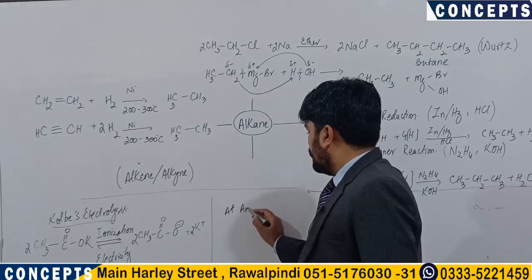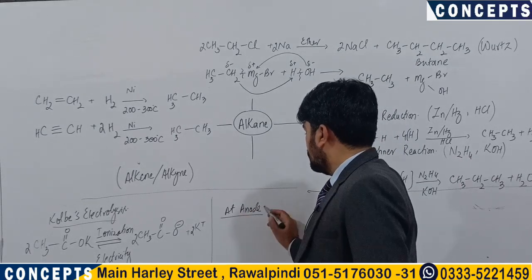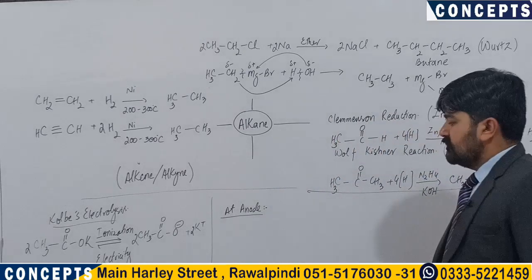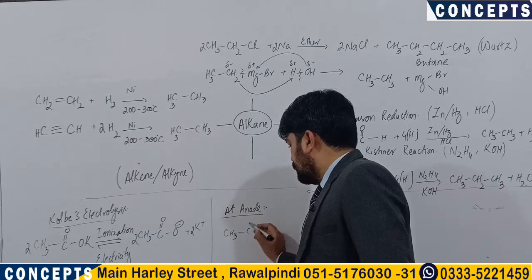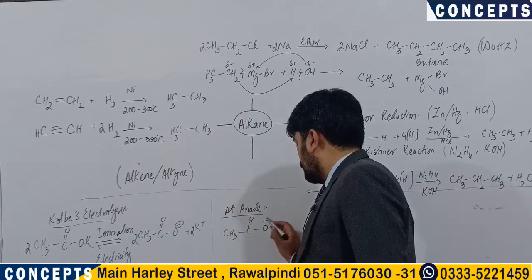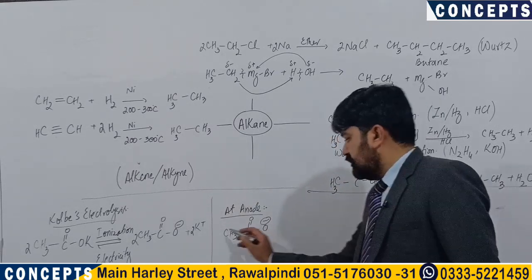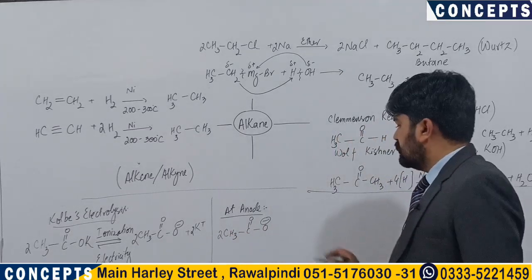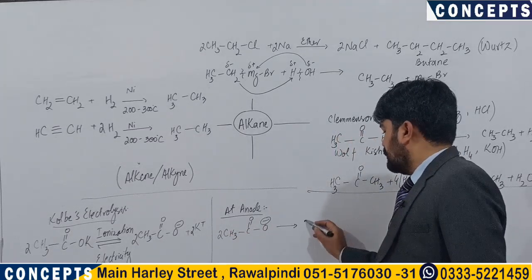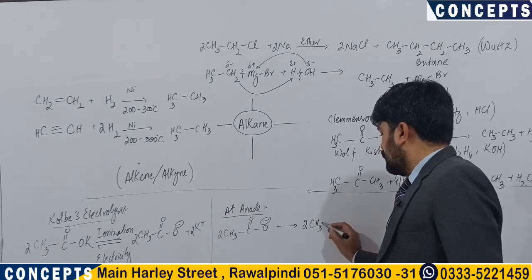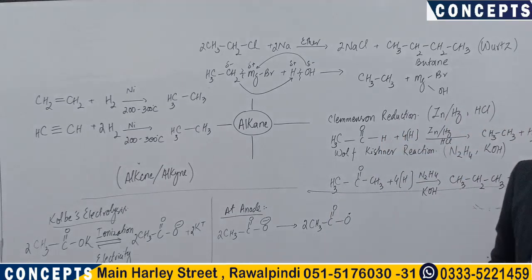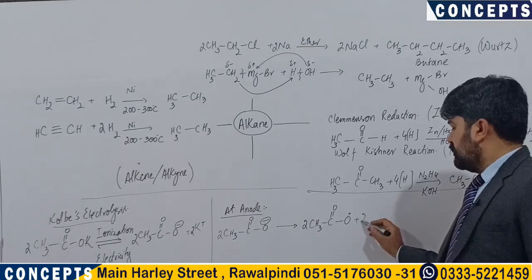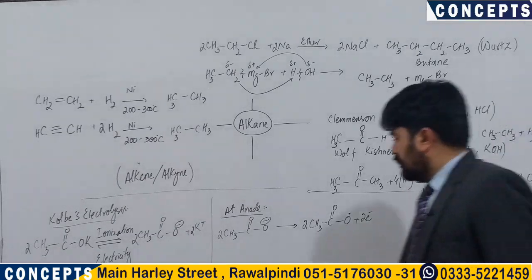At anode, negative ions oxidize themselves to form alkane. And what is the method? Here, these acetate ions, which are present in 2 moles, oxidize themselves, resulting in 2 moles of acetate free radical along with 2 electrons.